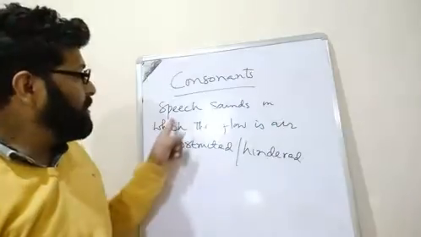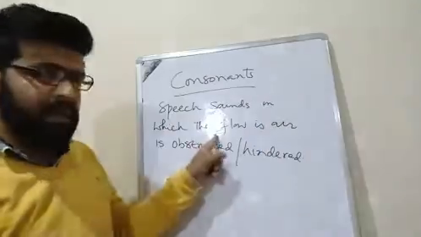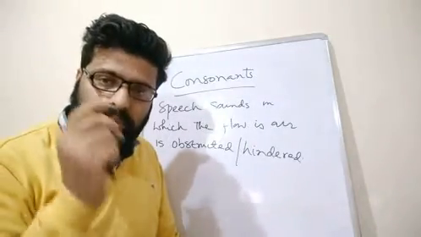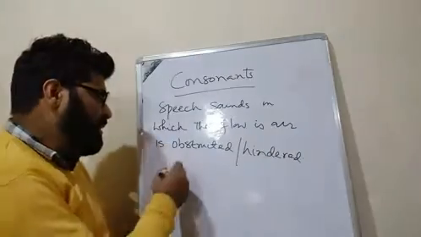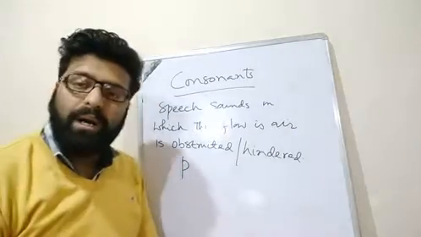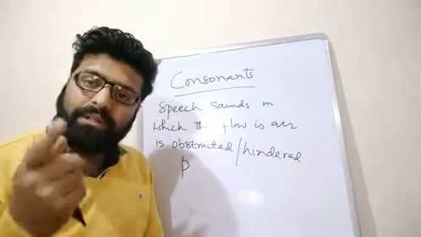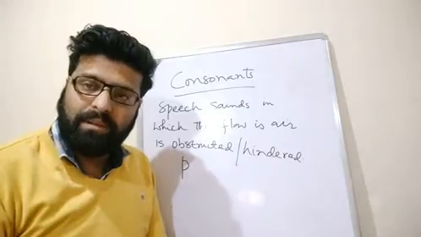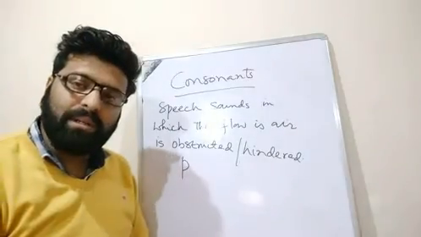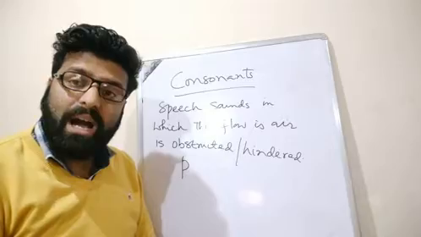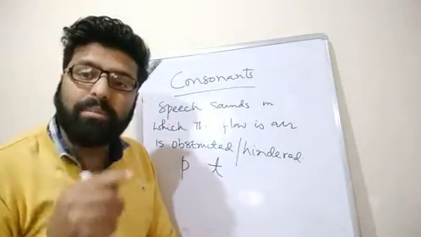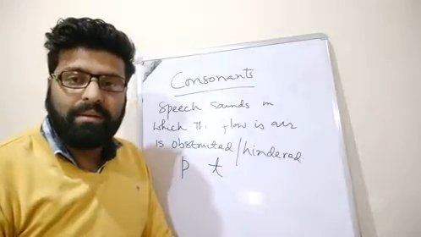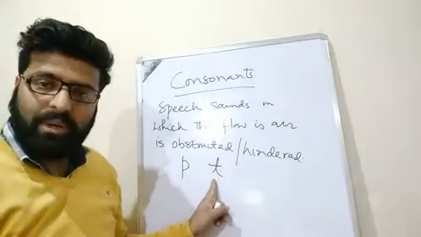If the flow of air is stopped by any part of our mouth, then the sound is a consonant. For example, when we say P, the flow of air is stopped by the lips. So P is a consonant. When we say T, that time the flow of air is stopped by the tongue. So it's also a consonant.